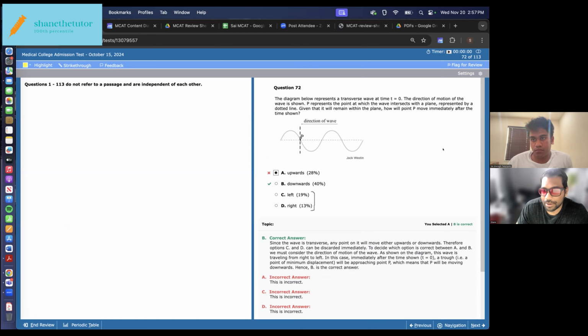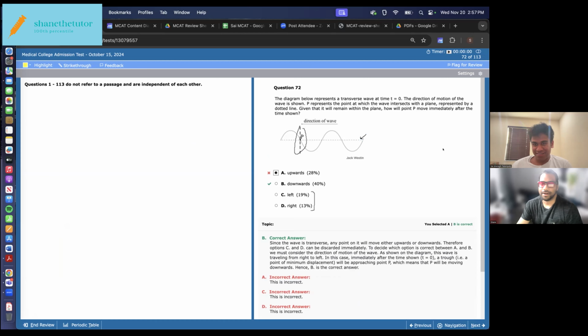They say that P is on a dotted line, which means it can only move up and down. But the student was like, well, there's a dotted line here too. And I was like, good point.